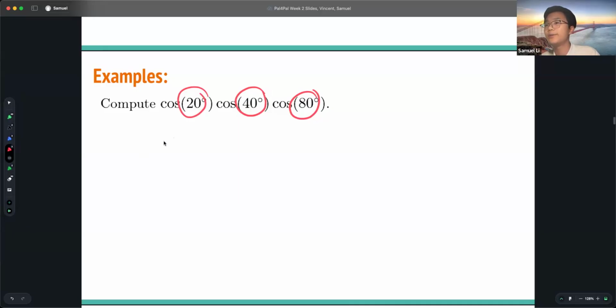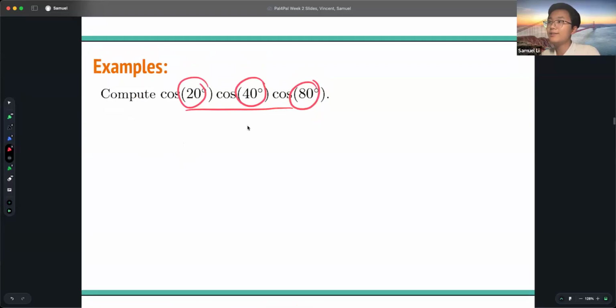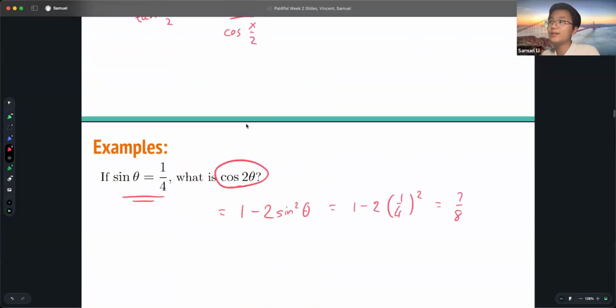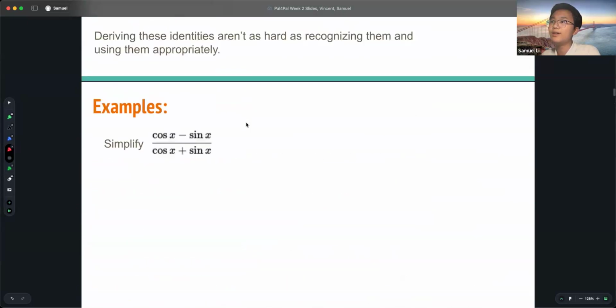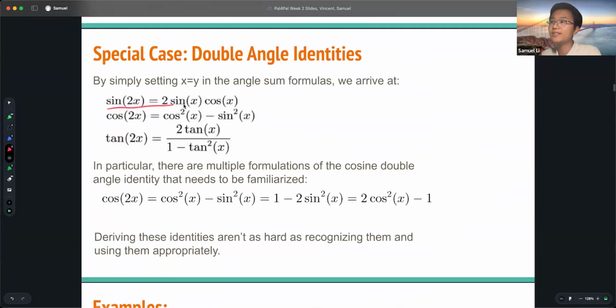Okay, so assuming you have had enough time to at least work this one through, the idea is to recognize that we have a product of cosines. And the idea is to use, it's all the way up here, sine of 2x is equal to 2 sine x cosine x.